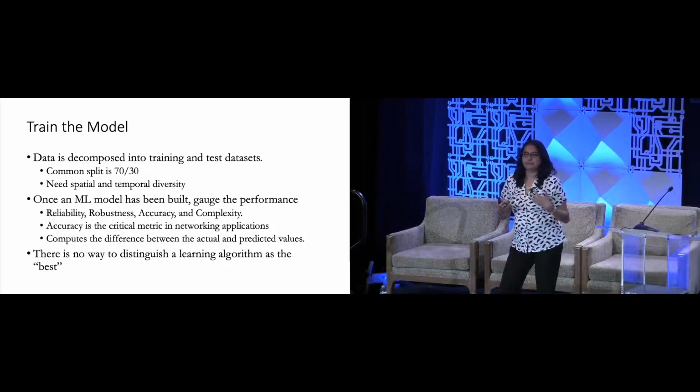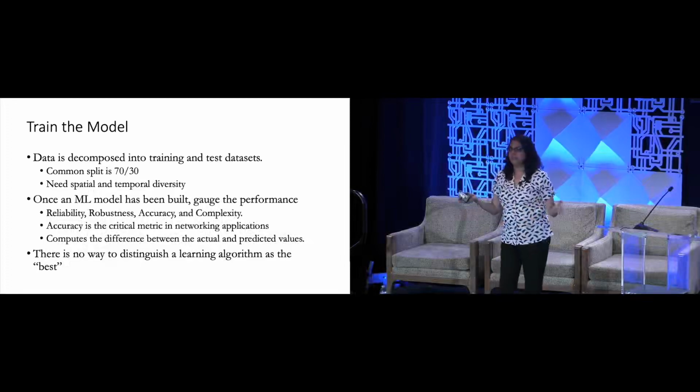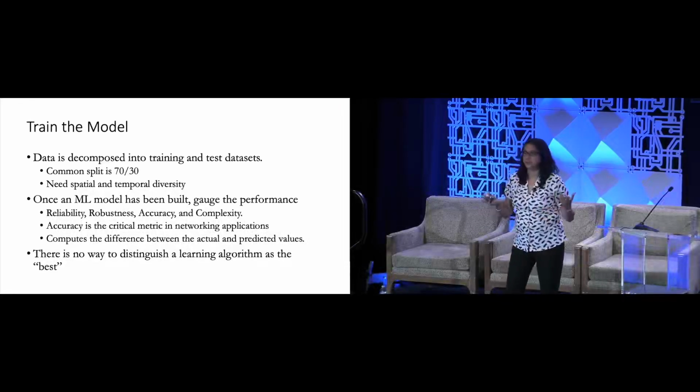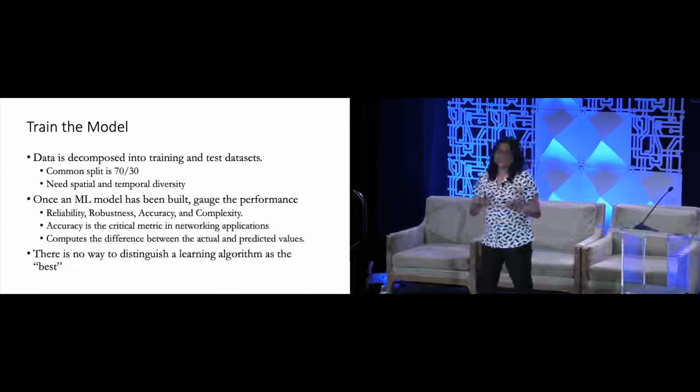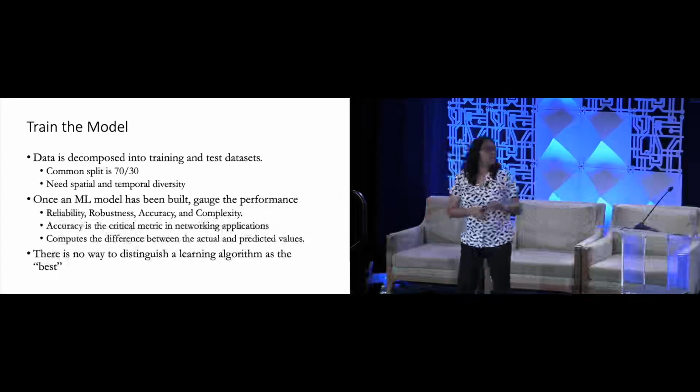So we could get data for 2 days and train it, but that's not really giving you the temporal diversity. So you have to collect data over a period of time, sample it, and then do aggregations, and then train it. And for the spatial diversity, we had to take data from different networks because not all networks are created equal. That's also one of the issues with using networking data for machine learning.